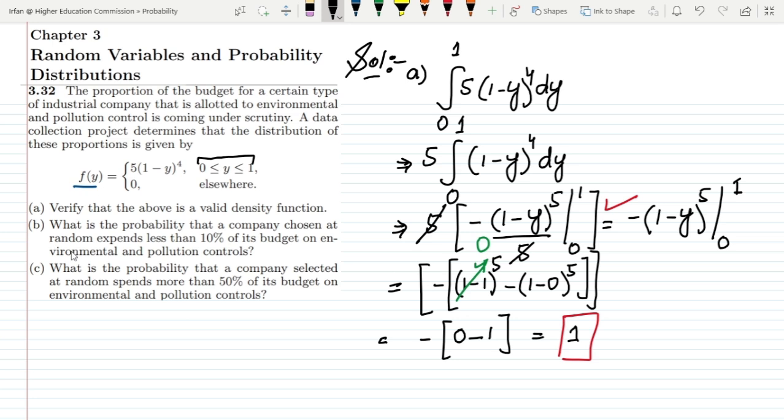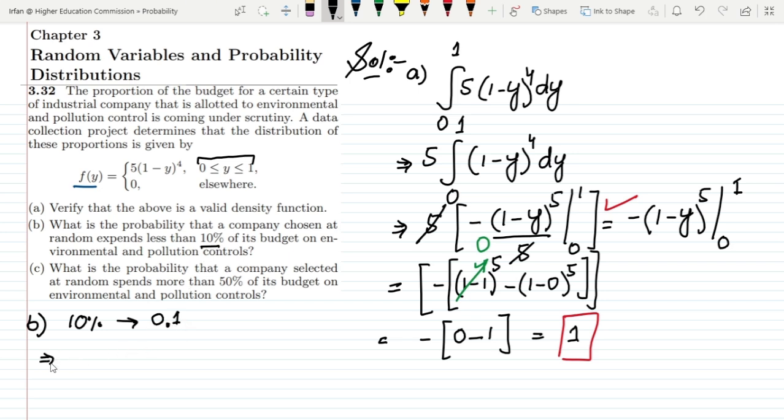In order to proceed to part B: what is the probability that a company chosen at random expends less than 10% of its budget on environmental and pollution controls? Now this 10% is basically 0.1, so I will have a range which is less than 0.1.